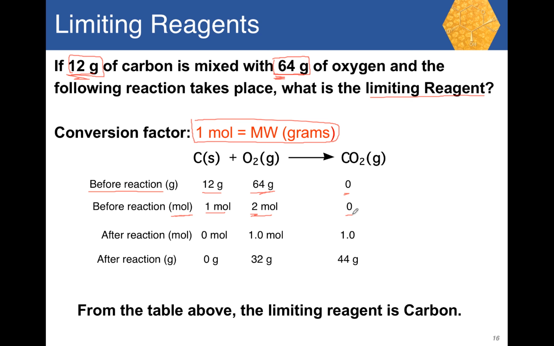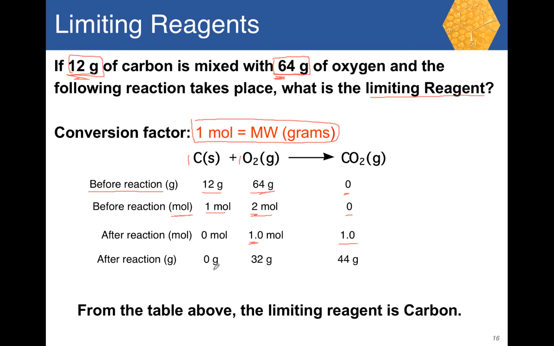We still do not have any product because we're just doing the calculation. After the reaction occurs though, since it's a 1-to-1 reaction, what we have here, 1 mole of carbon will react with 1 mole of oxygen, leaving behind 1 mole of oxygen to produce 1 mole of carbon dioxide.